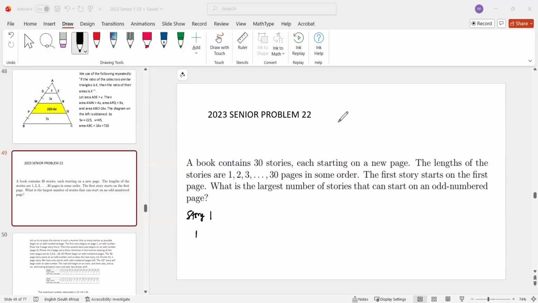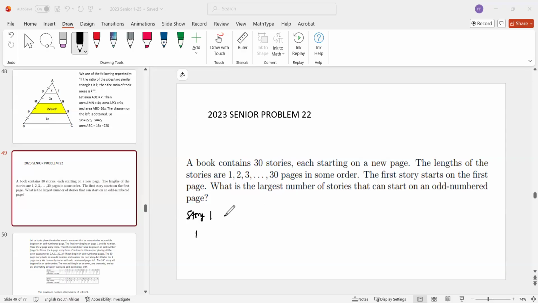All right, now you got the stories have got lengths 1, 2, 3, 4, and so on. Now, if you want the largest number of stories that start on an odd numbered page, let's put all those which start on an even number.